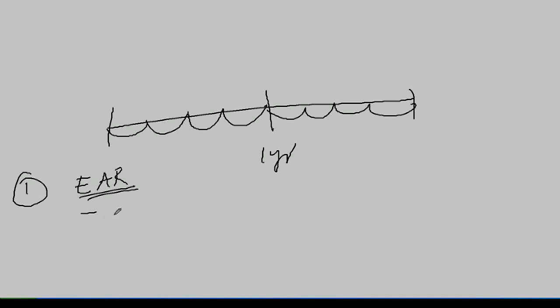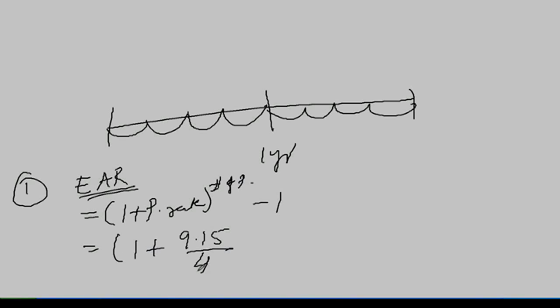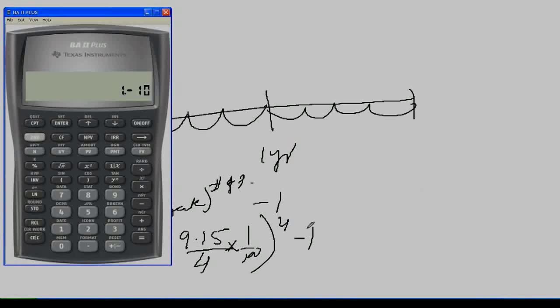Effective annual rate is given as 1 plus periodic rate to the power number of periods in 1 year, minus 1. So what is my periodic rate? It will be 9.15 percent, that is divided by 100, to the power 4, minus 1. That will give the periodic rate, right? So let's see the calculator.